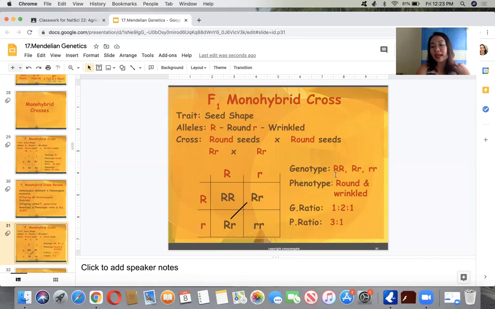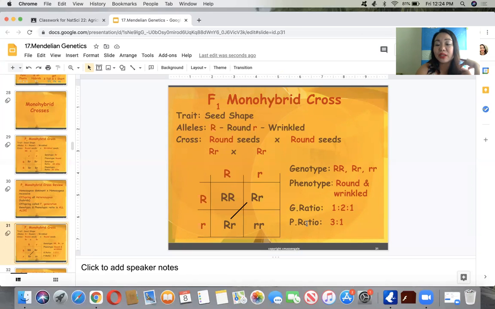So the genotype is all capital R, a combination of capital R and small r, and all small r, a ratio of 1:2:1.